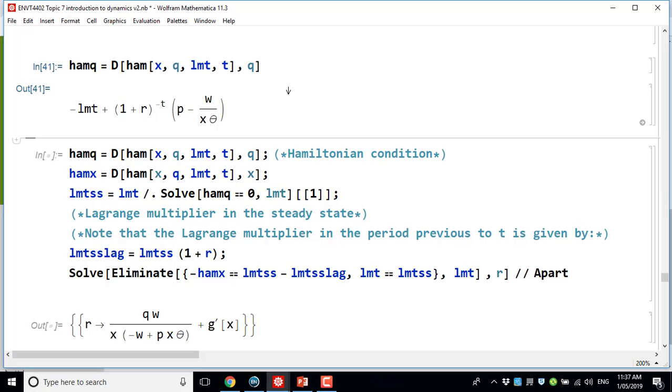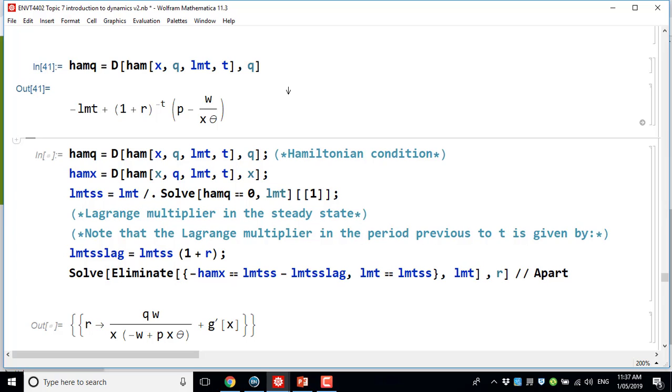Multiplied by this, which is the extra or marginal profit. So this is the extra profit from catching a ton of fish.